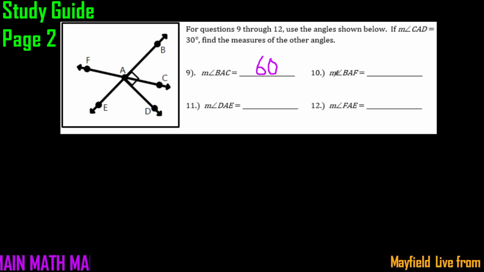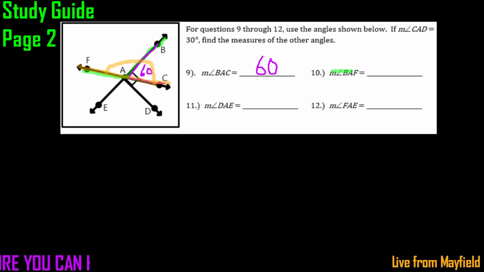And then it says angle BAF. Let's find angle BAF, the one we're looking for. Well, we just found that angle BAC is 60, so if this part right here is 60 degrees, and we can see that we form a straight line along this segment here, we know that these two added together would be 180.